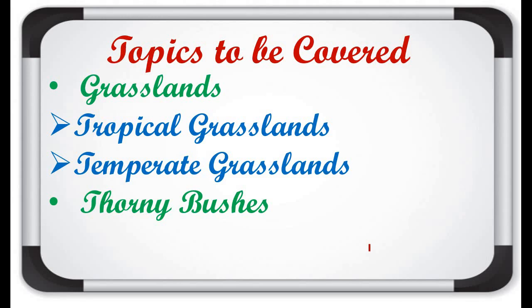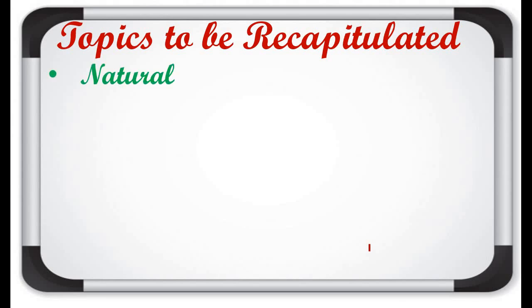Yes, in yesterday's lecture we studied natural vegetation, the meaning of natural vegetation and types of vegetation. So first I will tell you about these topics in brief. Natural vegetation means the vegetation which grows in nature by itself without any human interference or human aid.